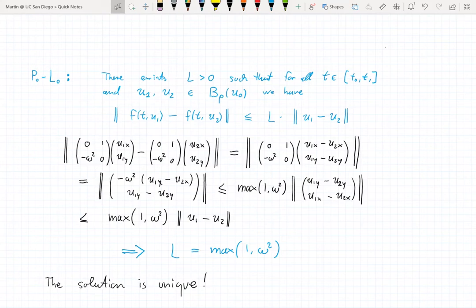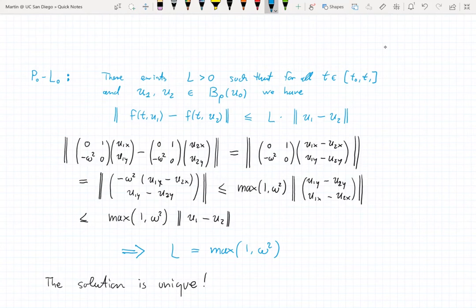The only thing that we need to check now, as for this extension of the Peano existence theorem, is that there exists a constant L greater than 0, such that for all times t from this interval t0 to t1, and for all vectors u1, u2 taken from this ball of radius rho around u0, we have the following inequality, namely the Euclidean distance of f(t, u1) and f(t, u2) is bounded from above by L times the Euclidean distance of u1 and u2.